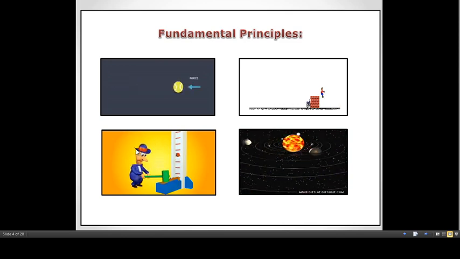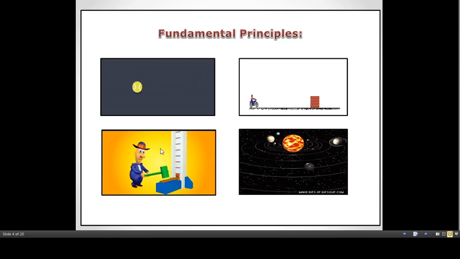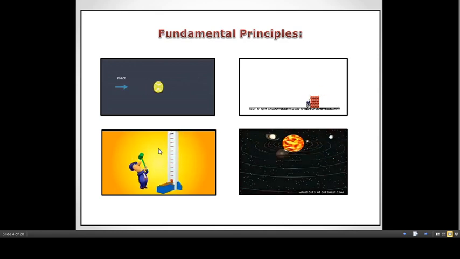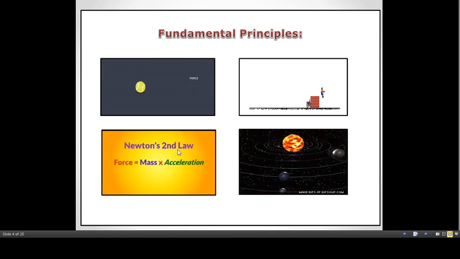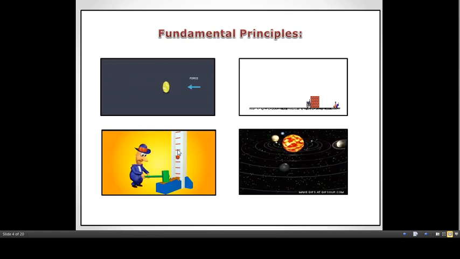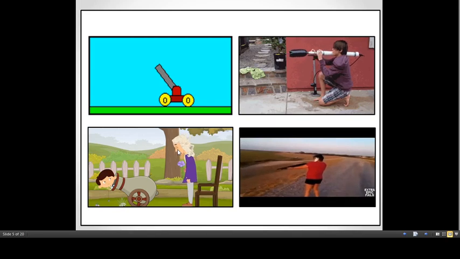So what about the basic equation? F equals ma. Depending upon the force applied here, you can get the relation for the product of mass and acceleration. I hope the first law and second law are clear to you.